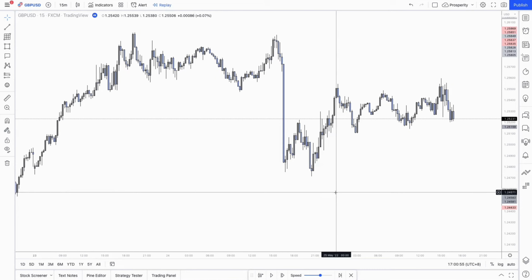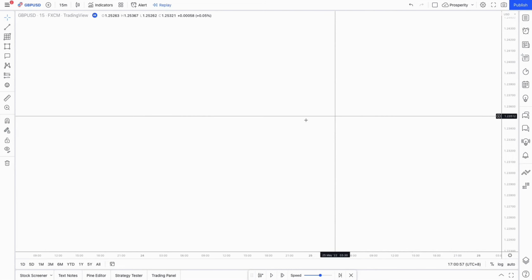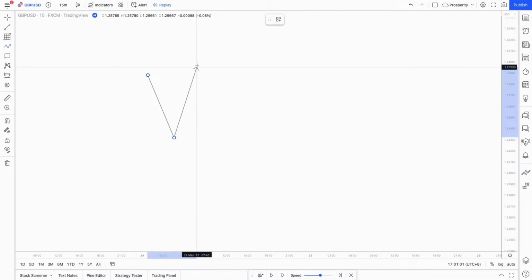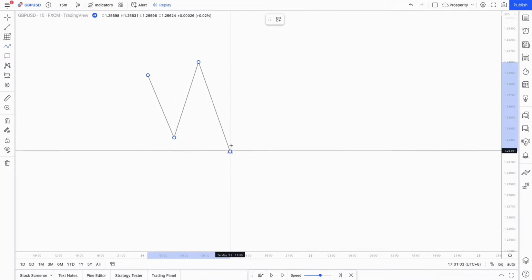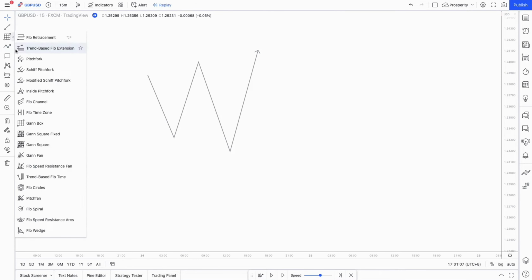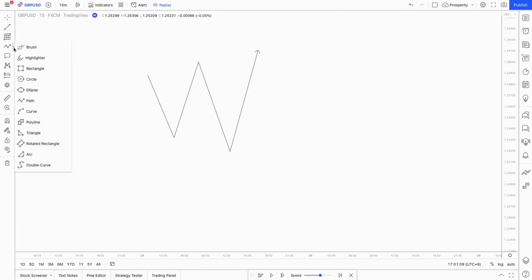First things first, smart money traders a lot of the time just want to trade changes of character and the supply and demand that cause those changes of character.